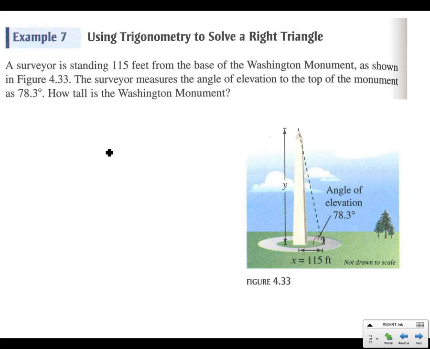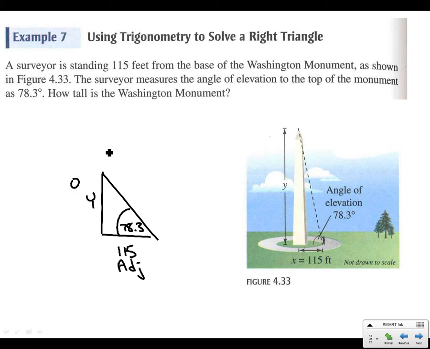All right, so here's our first one. Surveyor standing 115 feet from the base. Our angle of elevation is 78.3. And we want to find out how tall this thing is. All right, so from 78.3, I need to figure out what I have. 115 is an adjacent side.